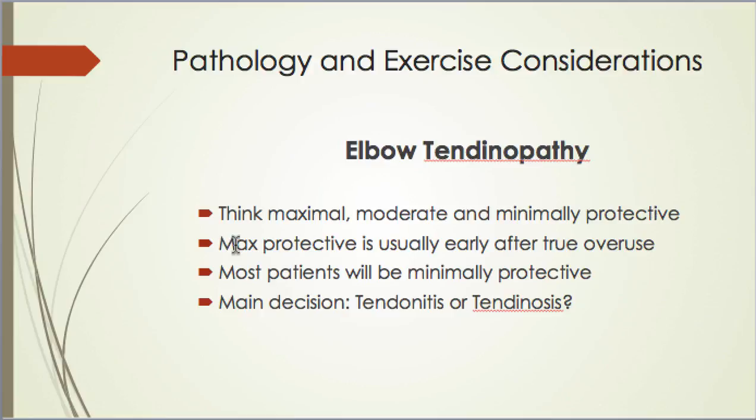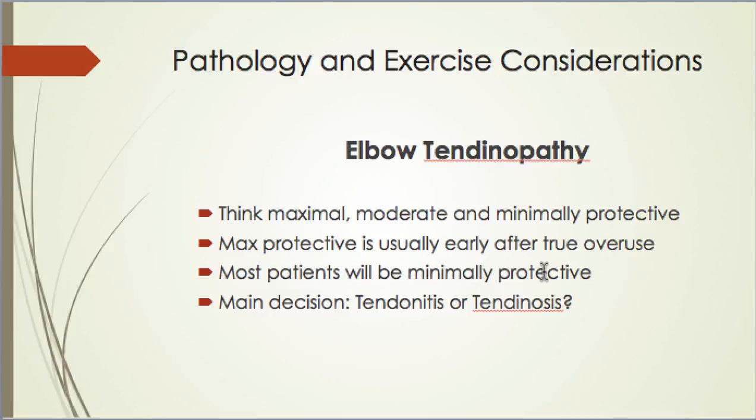All right. So in the maximum protective phase, usually is after a true overuse sort of syndrome. We want to keep it relatively still and quiet. We do active range of motion in the range that's comfortable. Setting exercises like isometrics. Most people that you see with elbow tendinopathy will be in the minimally protective phase.